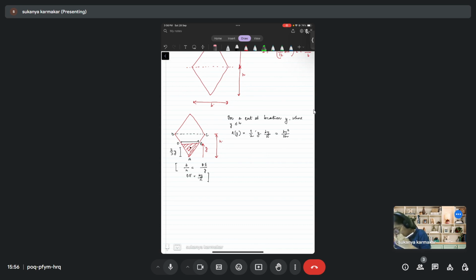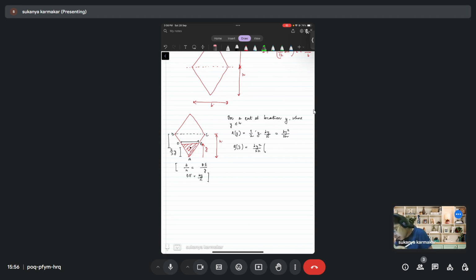Then you need to write the expression for Q. Q is the first moment of area of the shaded portion. So the area is b y squared by 2h, multiplied by the distance of the centroid of the shaded portion from the neutral axis.